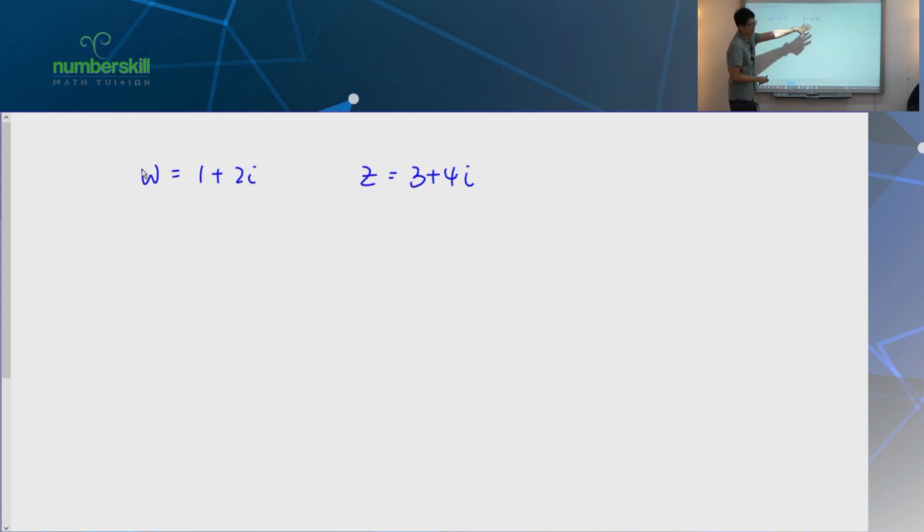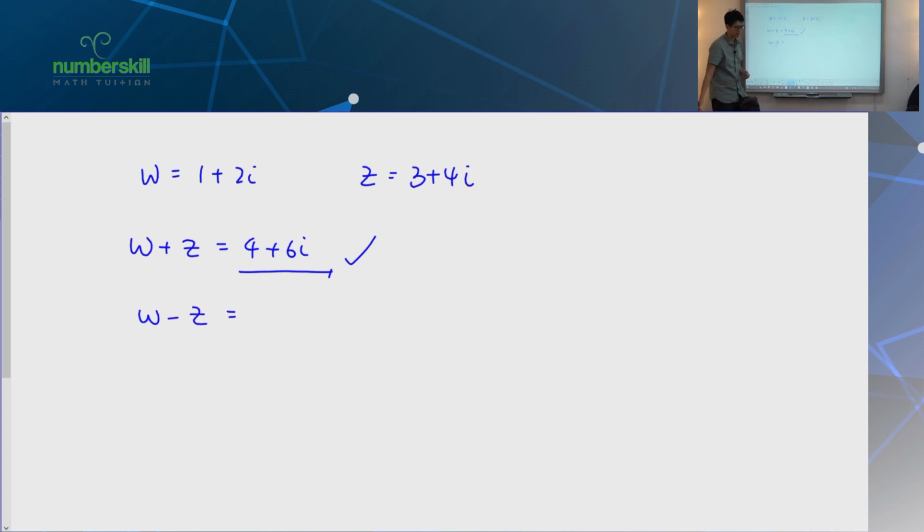I have 2 complex numbers here, W and Z. Say I want to add W to Z. What do you think the answer is? Have you learned it before? What do you guess? 4 plus 6i. Correct. That's it. Is it very difficult? Not really, right? Now let's say I want to do a subtraction for my complex number.